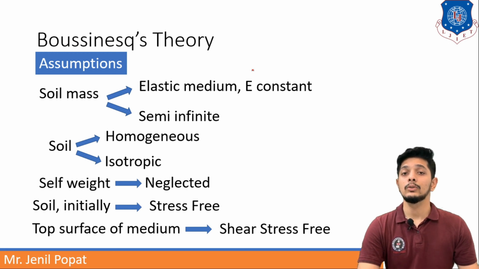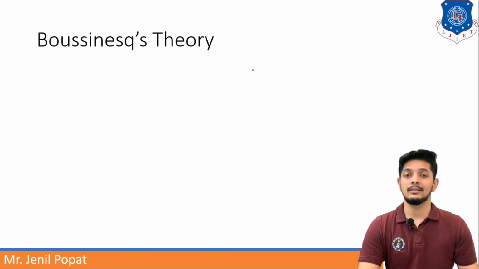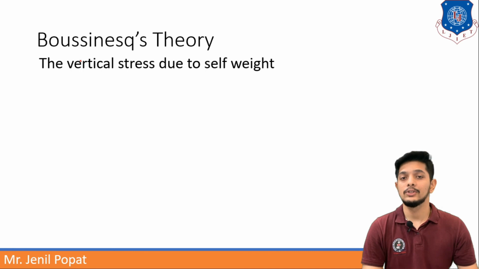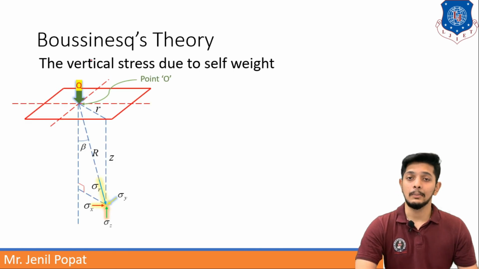Let us move to the theory. Boussinesq gave theoretical solutions for stress distribution in elastic mediums, taken as soils, under concentrated loading. We can also state this as geostatic stresses, or the vertical stress induced by the self-weight of buildings. Here, with this example, let us understand Boussinesq theory.